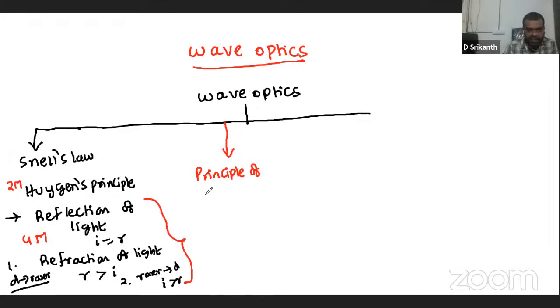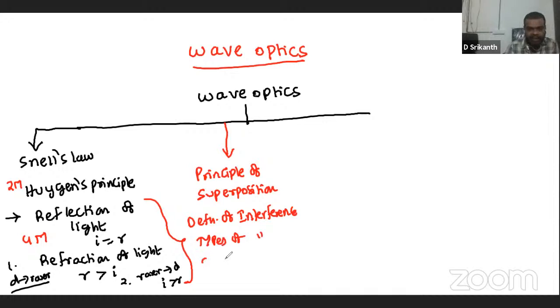Next it is principle of superposition. Then we are having the definition of interference, and types of interference. Conditions for constructive interference and destructive interference.